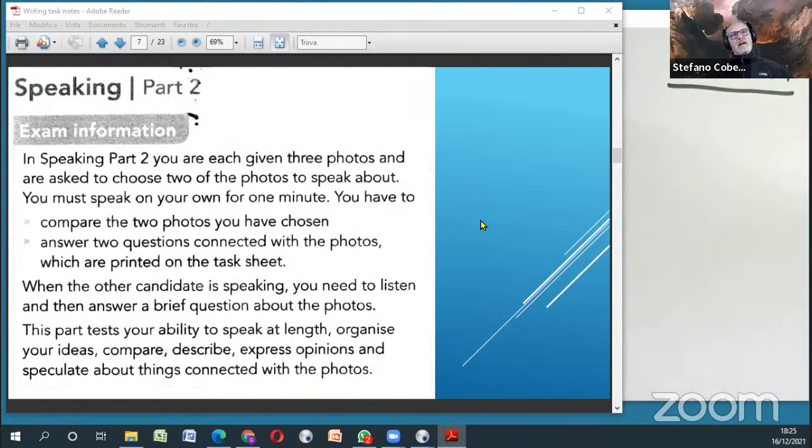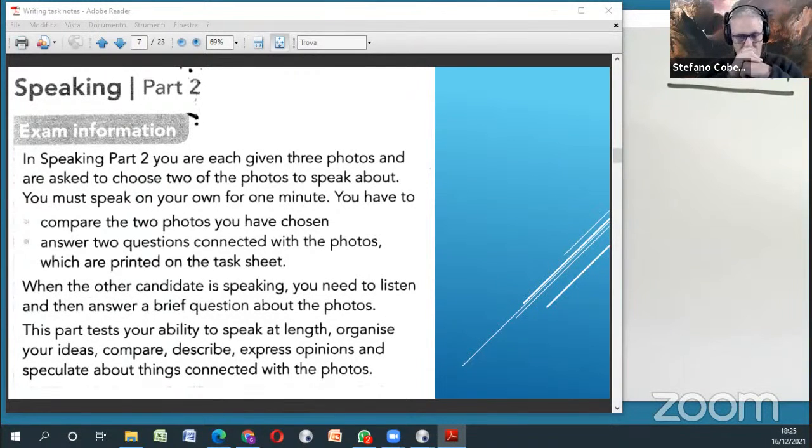So I've taken some of these from past papers, but also from the book. In the speaking part, you are given 3 photographs, and you're asked to choose 2 of them. Okay. Very important. They give you 3 because it gives you a bit of a choice.